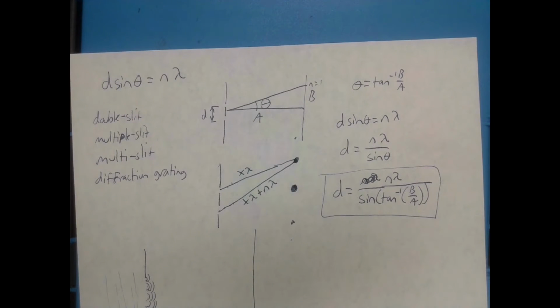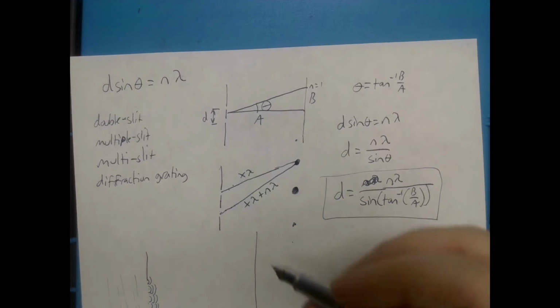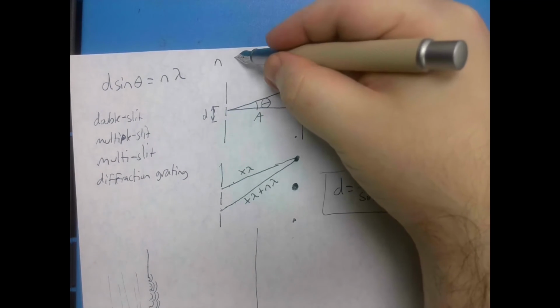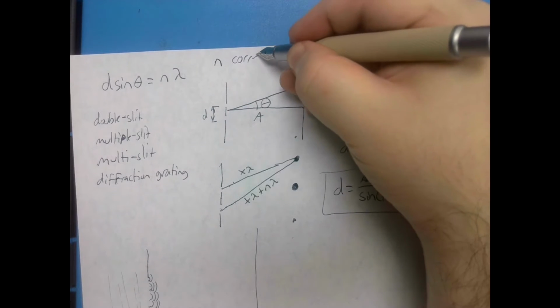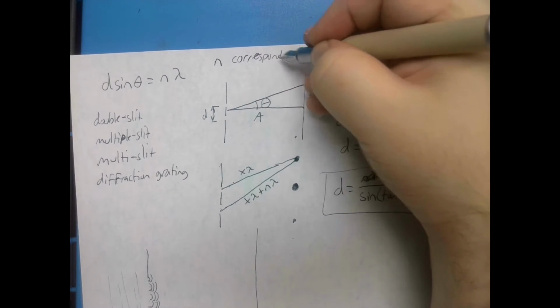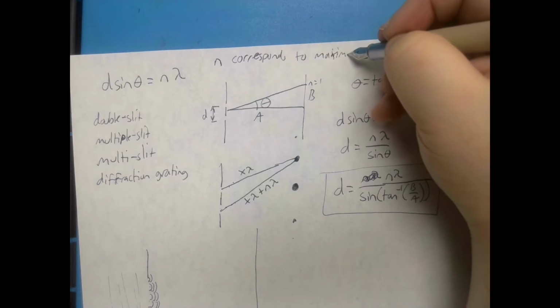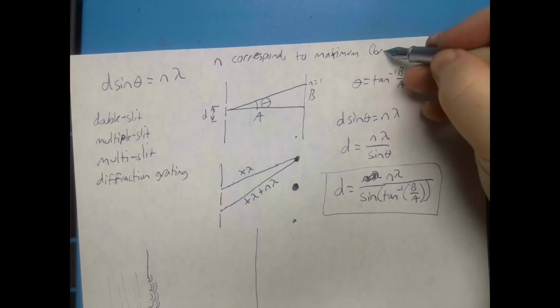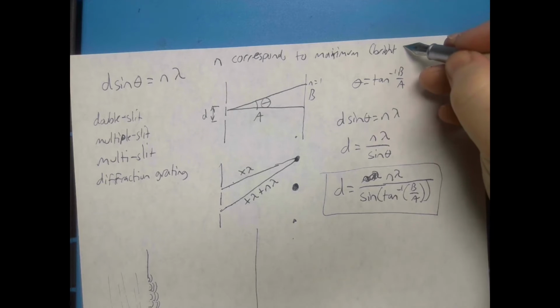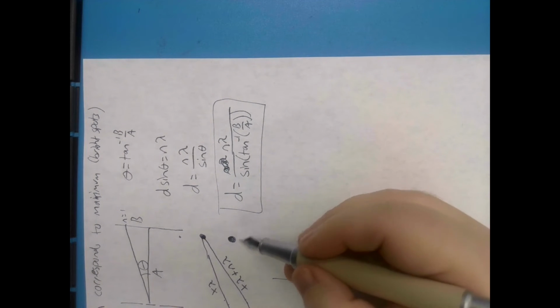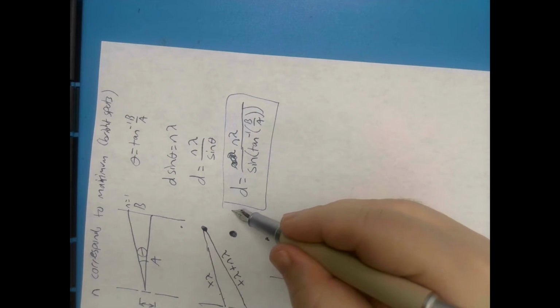For double slit, multi-slit, diffraction grating, n corresponds to maximums, bright spots. So if I were to draw the intensity, I just realized how slanted this was.